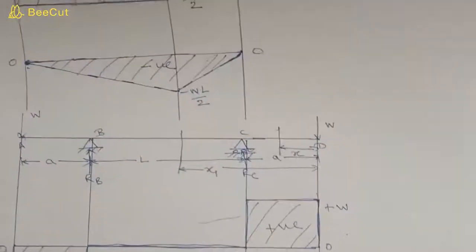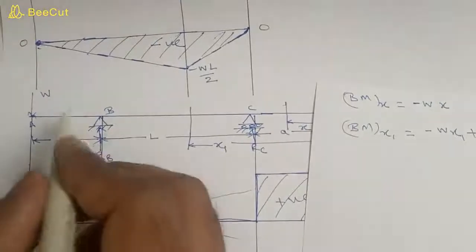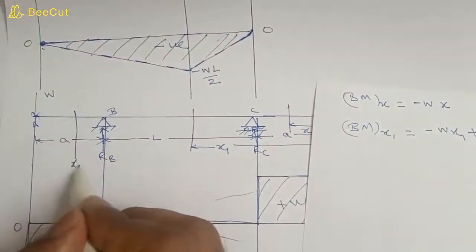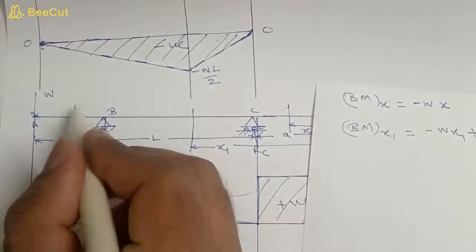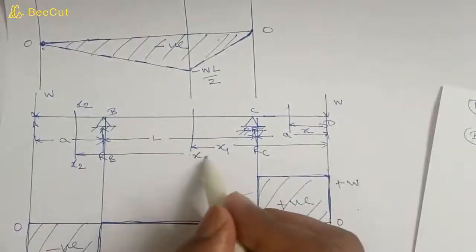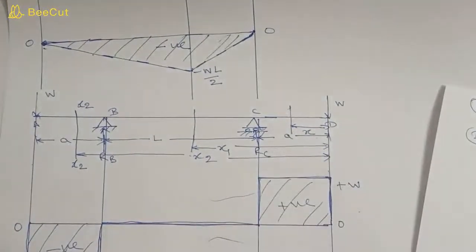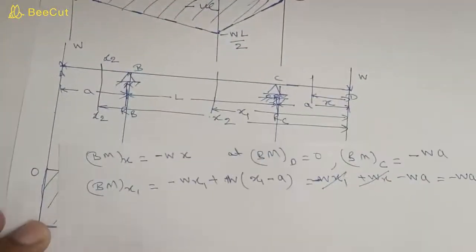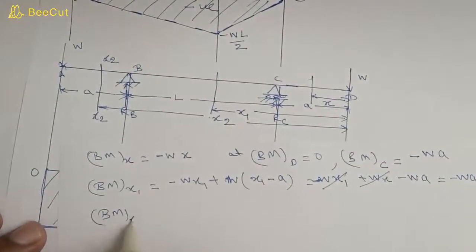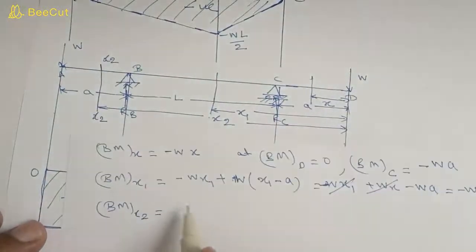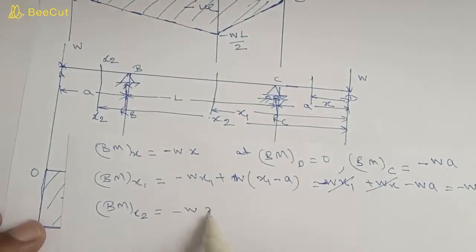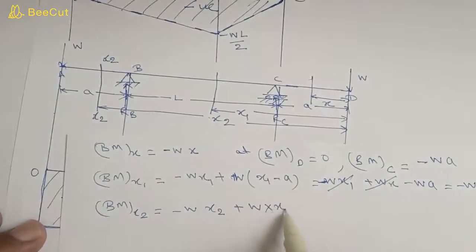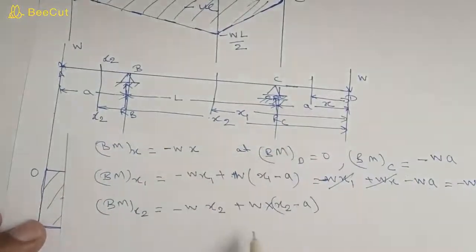Now we will select a section here. This is section x2, and this distance is x2 from here. So we will get bending moment at x2, which will be equal to minus W into x2 plus RC, which is also W into x2 minus a. This distance is x2 minus a.